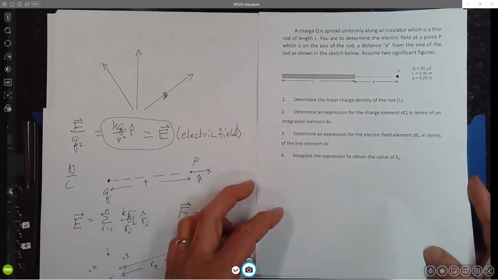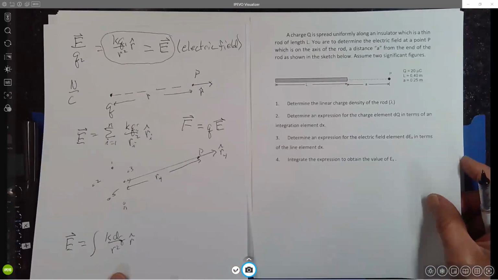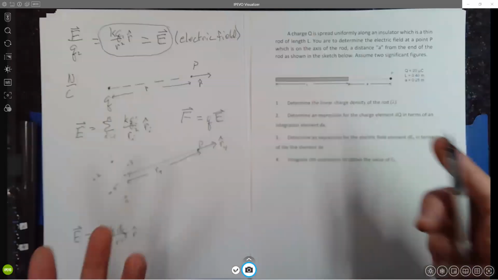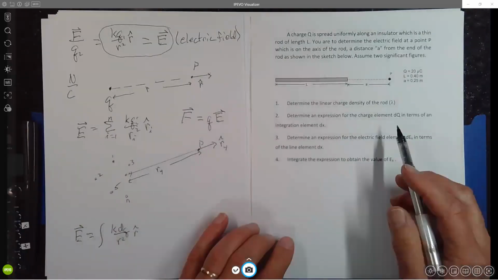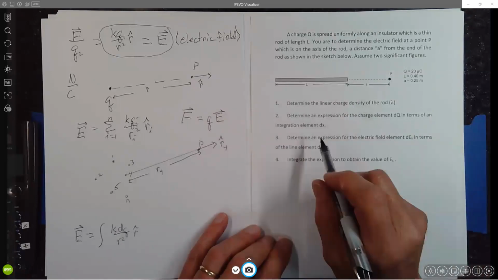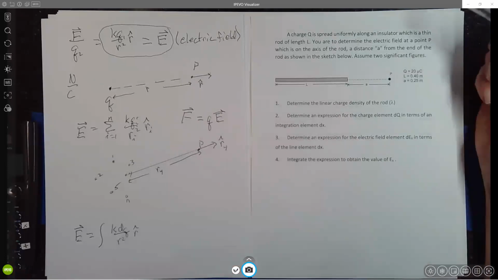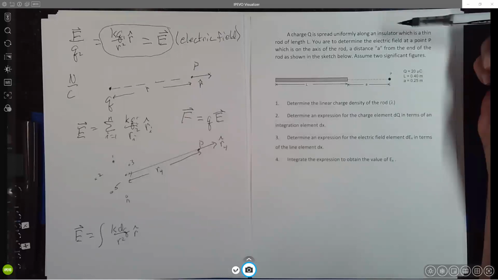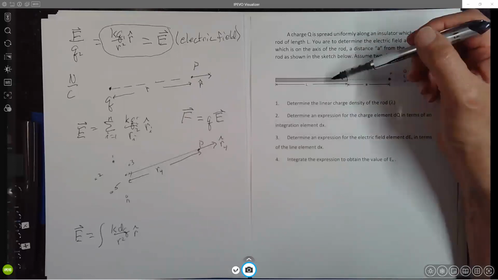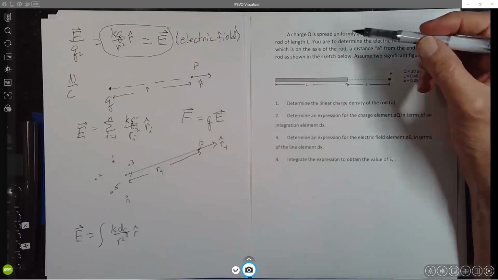But if we leave the variables as variables until we get to the calculation point, the math is going to look just like what we did yesterday, or very much like it. So here's the situation. We have a charge Q spread uniformly along an insulator, which is a thin rod of length L. That sounds familiar, although yesterday we used a lambda on here.